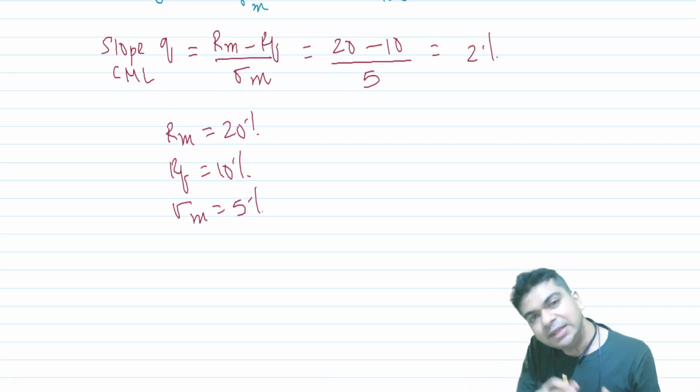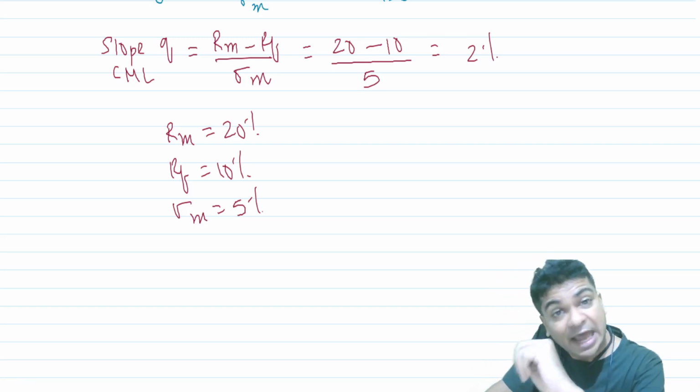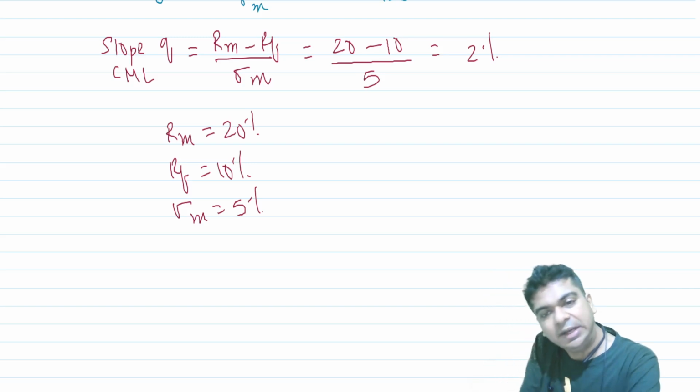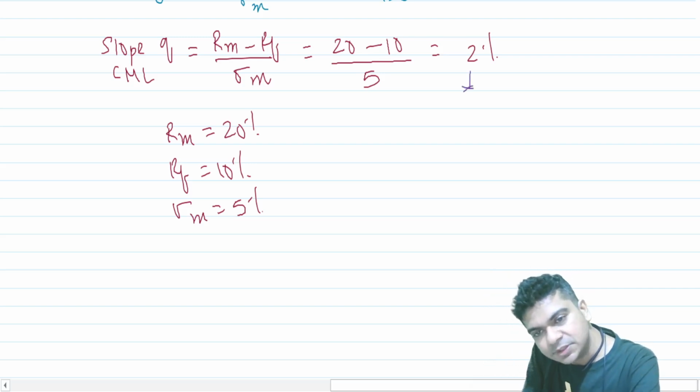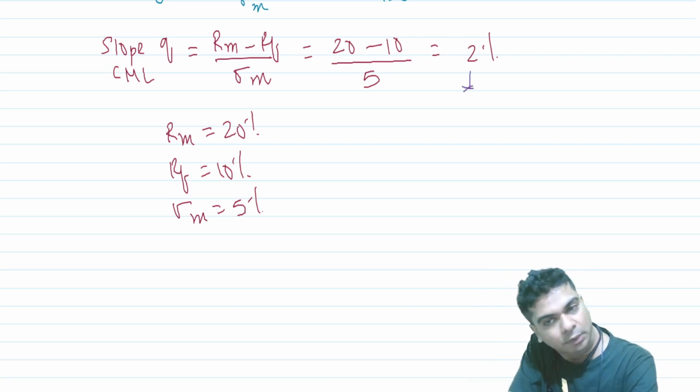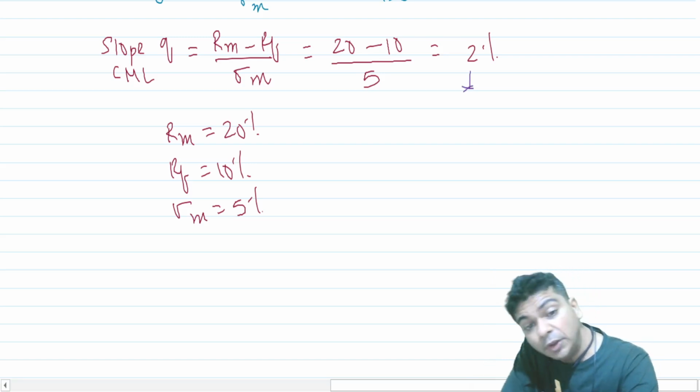The question is, what do we really mean by this 2%? How will I interpret this 2%? Very interesting. Now, you have divided it by market risk.